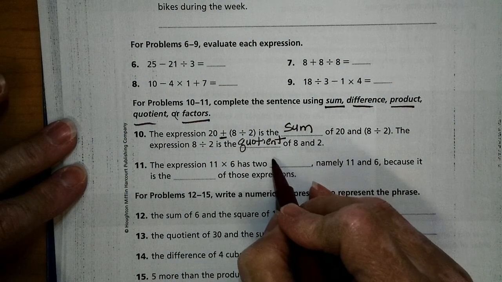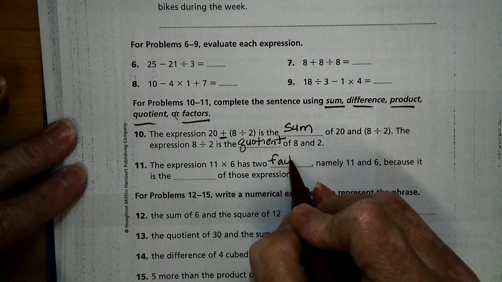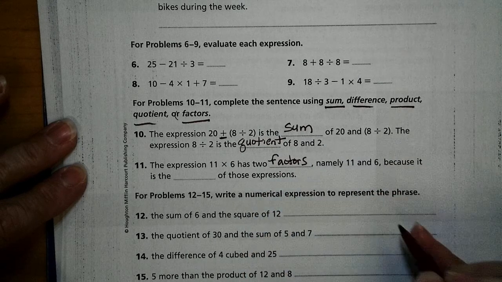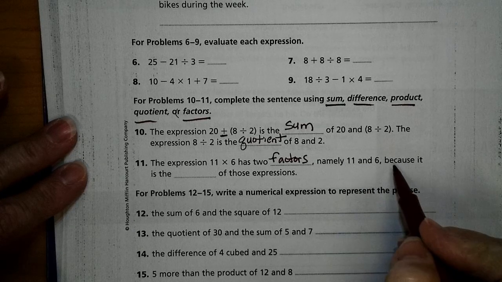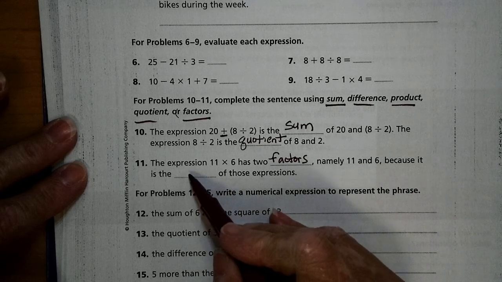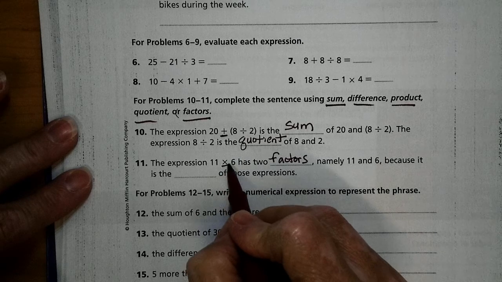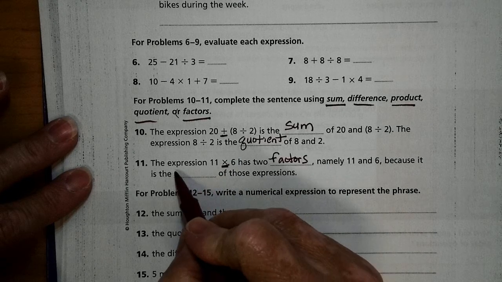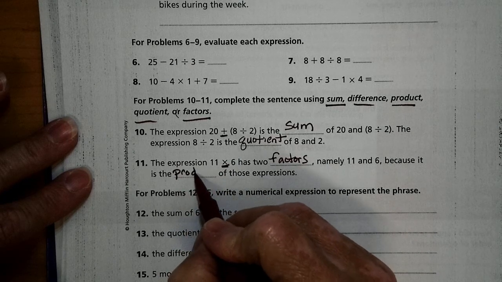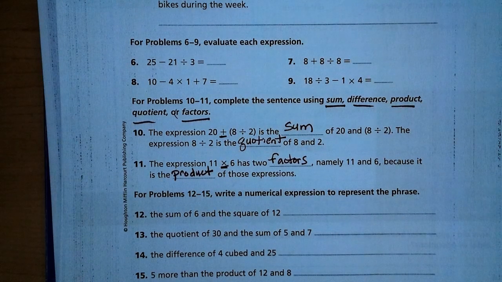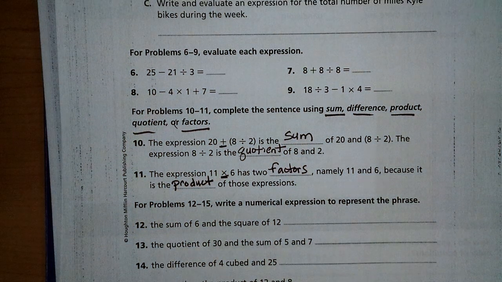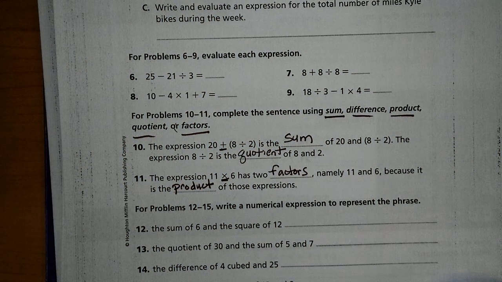Factors. When we multiply, they're factors, and when we're adding, they're terms. Namely 11 and 6, because it is the product. That's the only one left. We didn't use difference, but that's right. Product of the two expressions. So that's how you do that one. Okay, thank you.